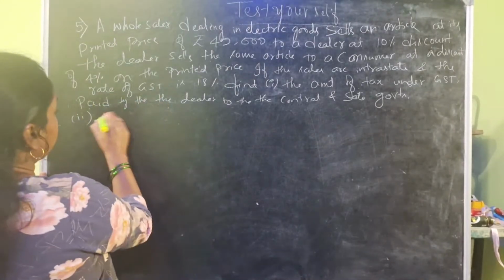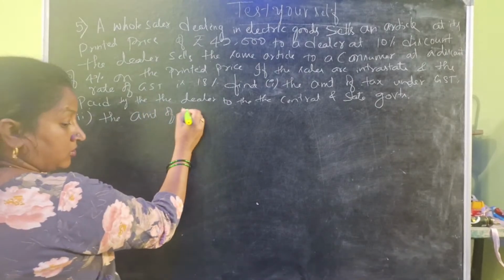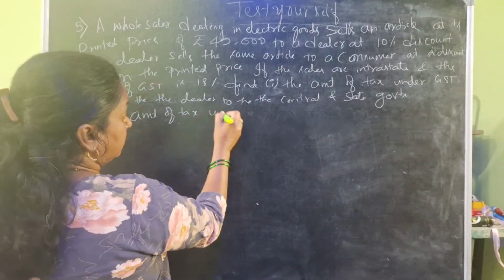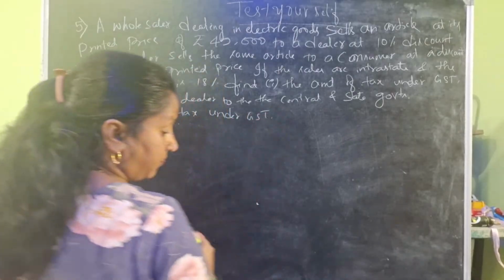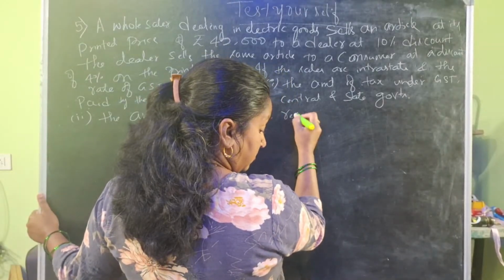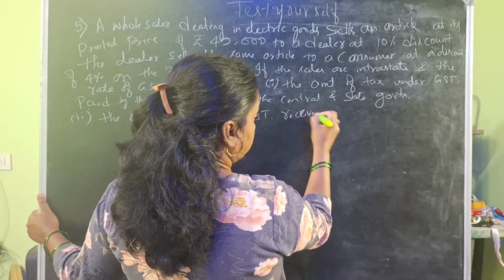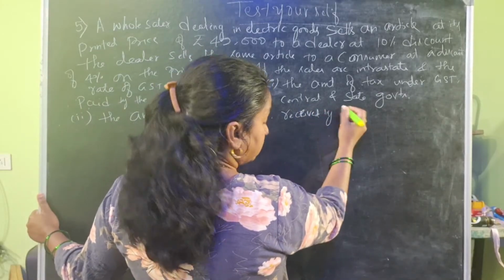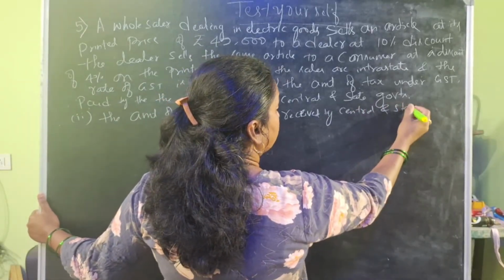The amount of tax under GST received by central and state government.